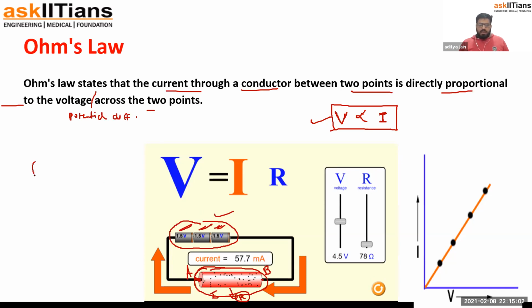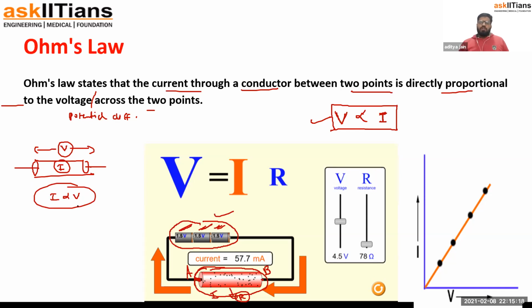So suppose this is a conductor, and these are its 2 ends. Suppose the potential difference between these ends is V and current flowing is I. So the current is directly proportional to the potential difference between the 2 points of a conductor.